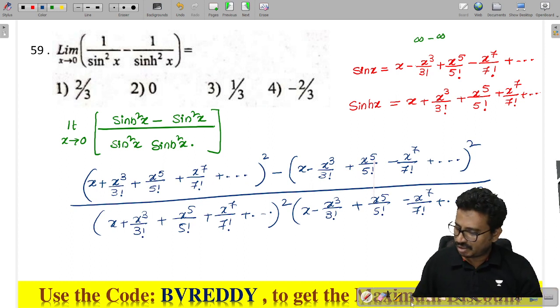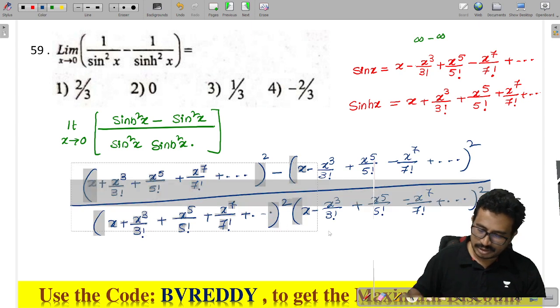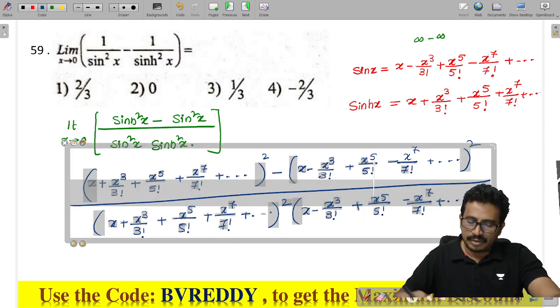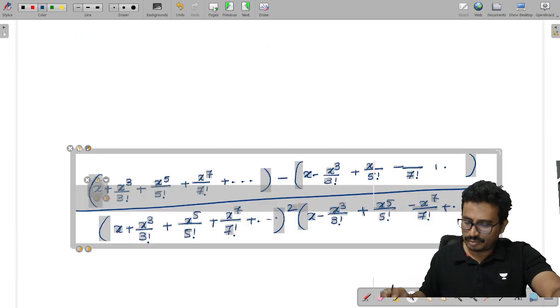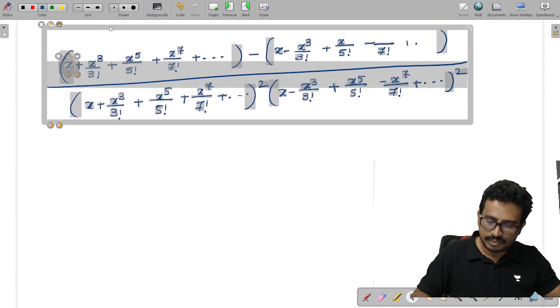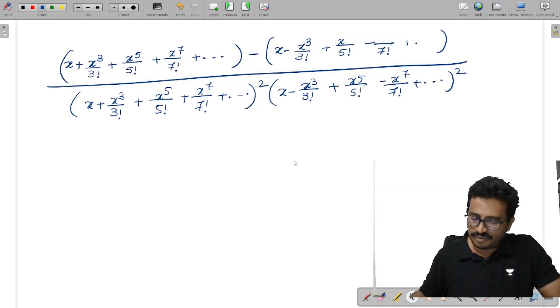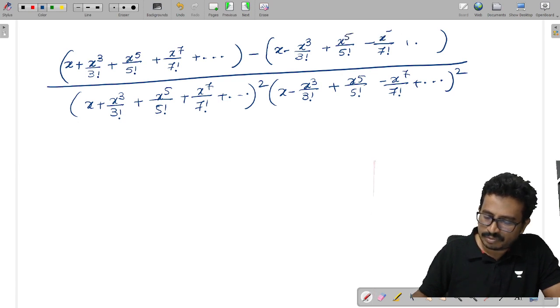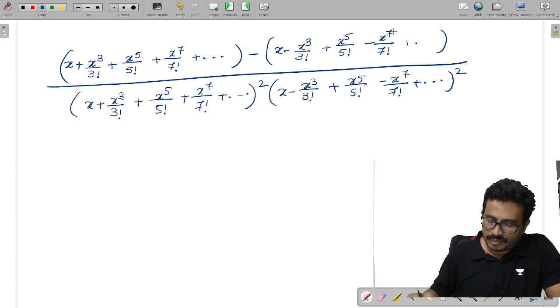Right? Now you can see, let's try to simplify this thing. So what I am doing is simplifying this as x power 5, this is x power 7, whole square.